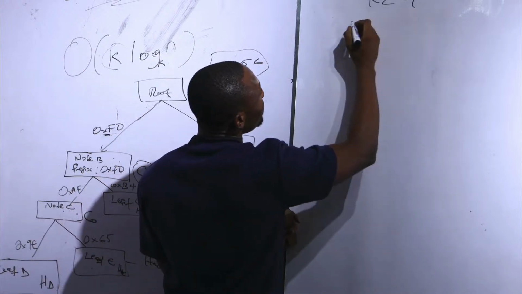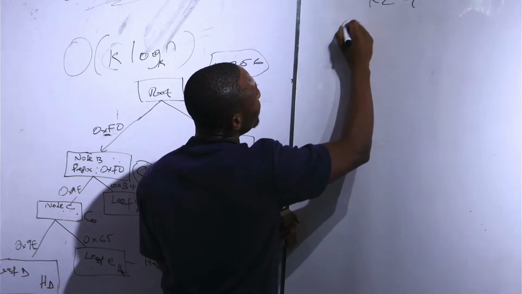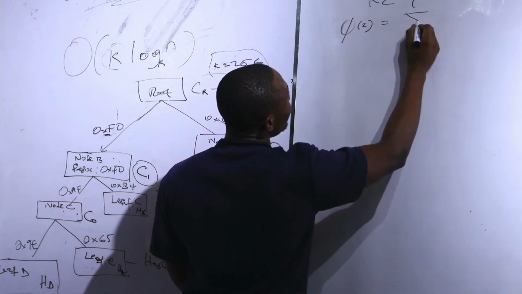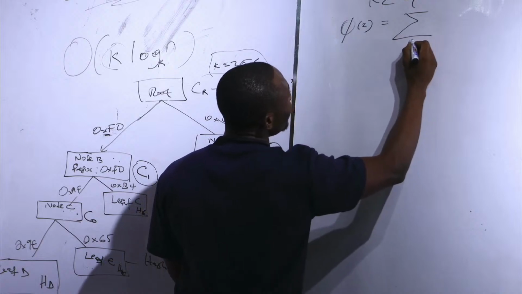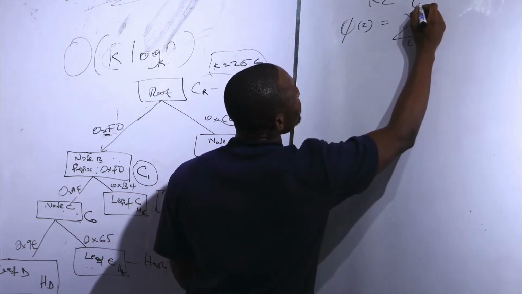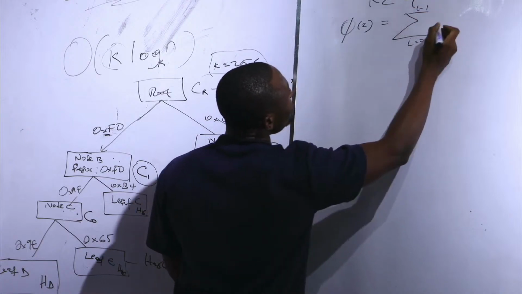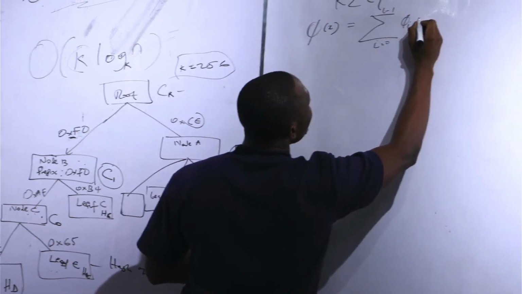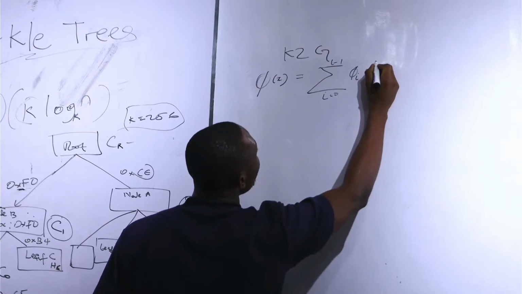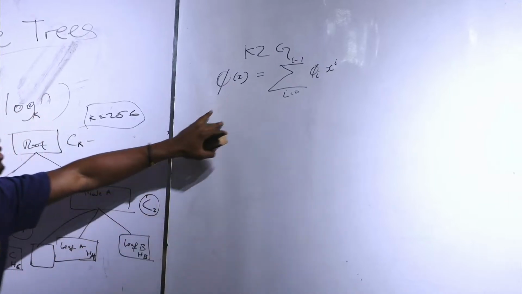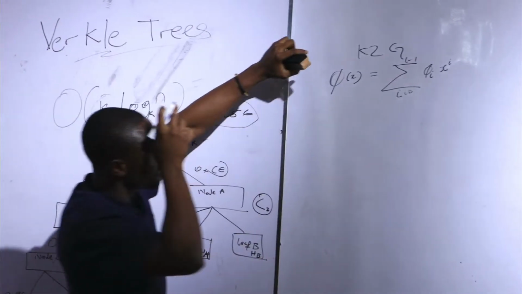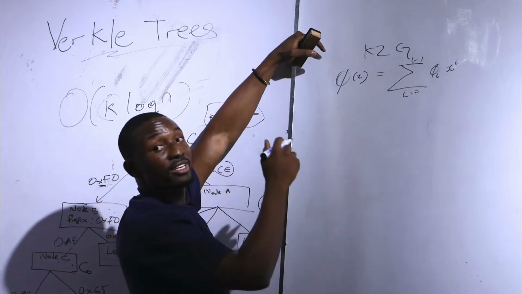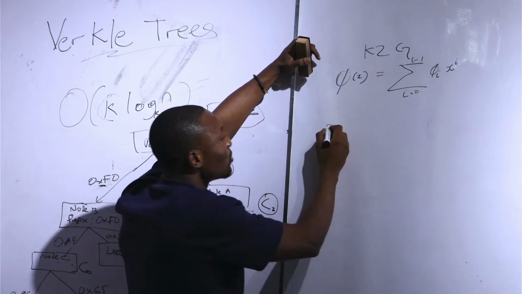For KZG, let's say we have a polynomial like this, with x raised to a power. If we want to commit to this polynomial, we'll have a secret key, but we don't know the secret key initially.